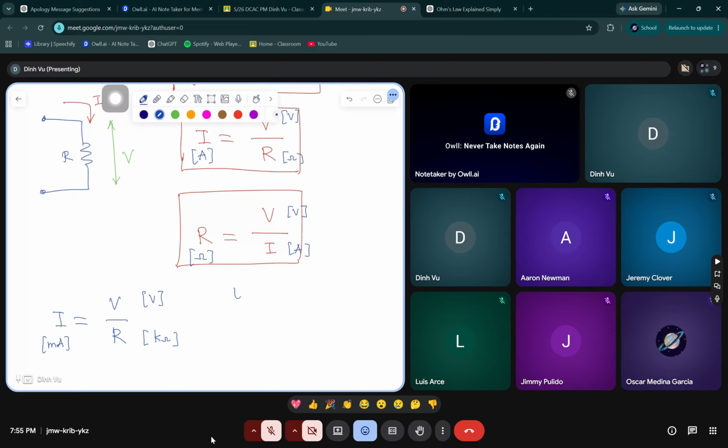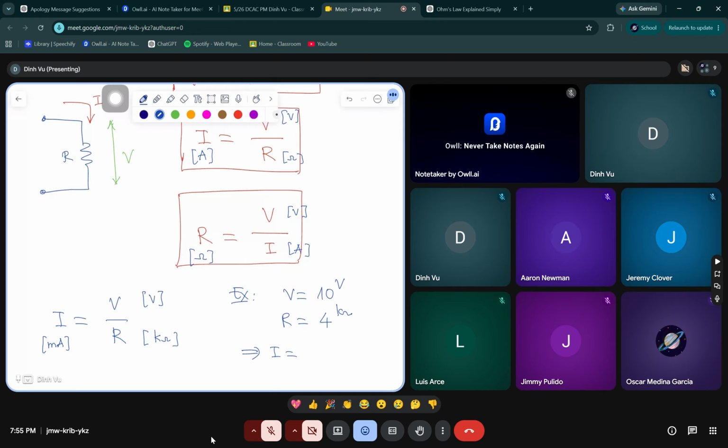Now example. Voltage V is 10 volts. R is 4 kilo ohms. Then how much is the current? If you measure the voltage 10 volts, the resistance is 4 kilo ohms.